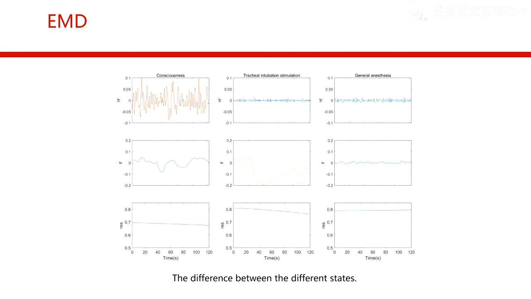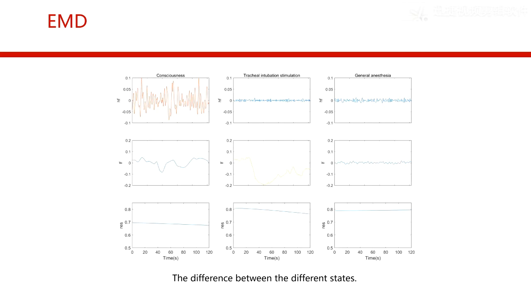Let's compare the features of typical signals in different states. First of all, the HF signals are relatively active in the consciousness states. The anesthesia is relatively stable.